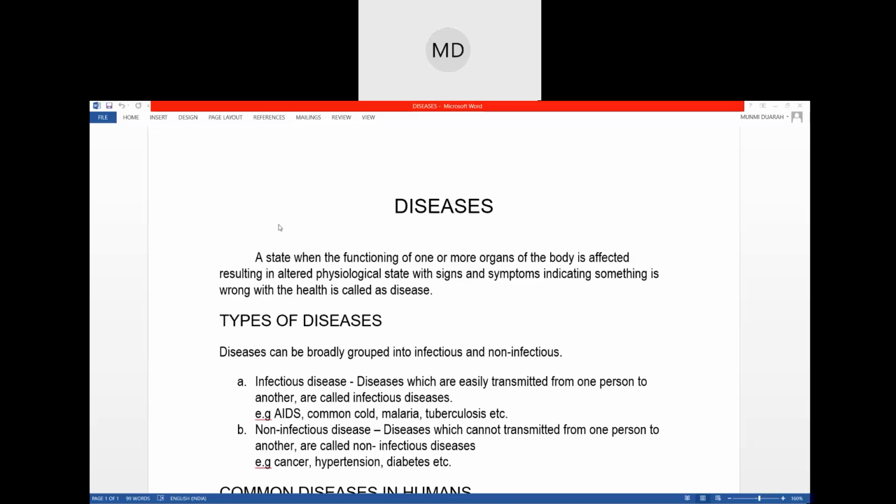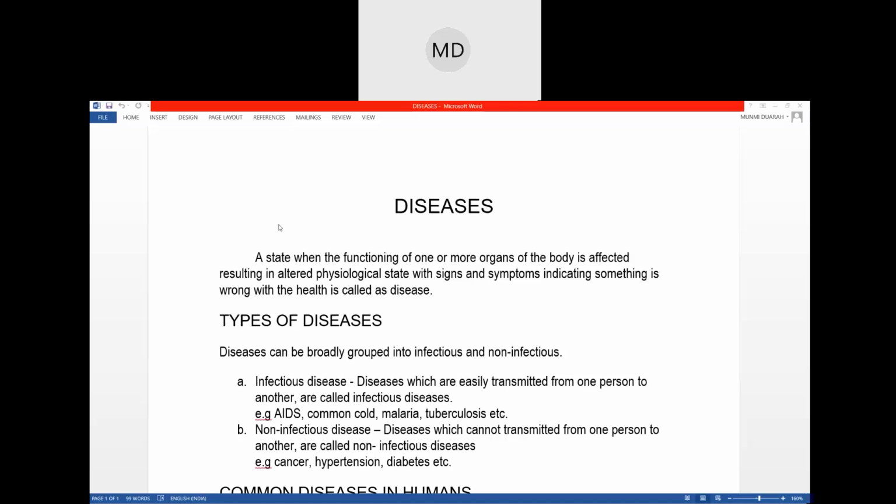Those signs and symptoms will occur when a certain organ gets infected or affected, and that state or phase is known as disease. Most of the diseases are curable.